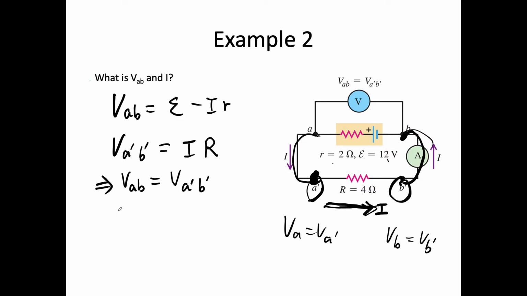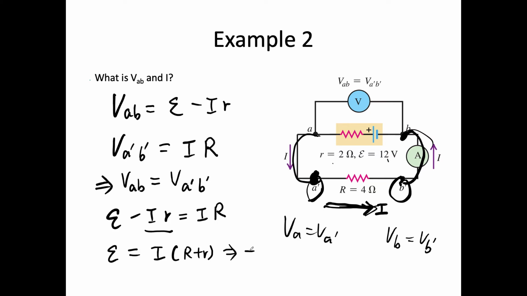So we can build the equation: epsilon subtract Ir equals IR. And move this term to the right, we have epsilon equals I times (R plus r). So we can solve for I now.